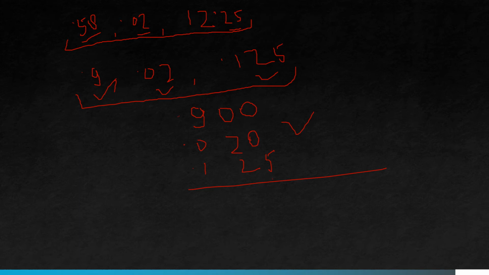So 0.9 and 0.900 are both the same. Similarly 0.02 and 0.020. We can add any number of zeros after the decimal to convert unlike decimals to like decimals. So the value will remain the same.